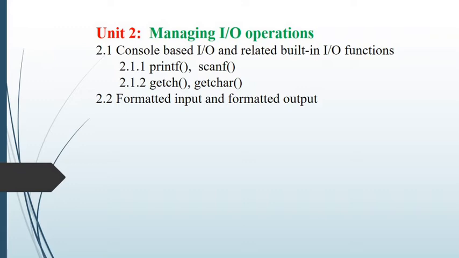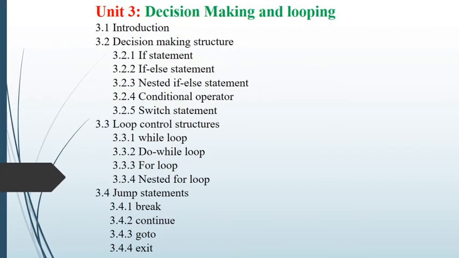The next one, unit 3, is decision making and looping. It starts with the basic introduction of decision making and looping.